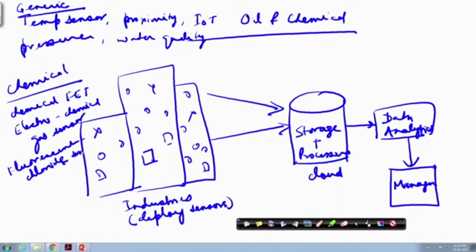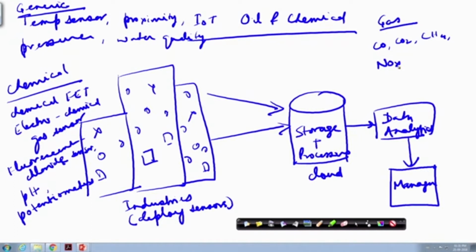The pH sensor is a very common one, then potentiometer sensors, potentiometers. So, these are the chemical sensors. Likewise, gas sensors could be any of the gas sensors like carbon monoxide, carbon dioxide, methane gas sensor, those NOx gas sensors, and so on. So, there are different sensors. So, these are some of these different sensors, the chemical domain and in the gas domain that I have mentioned.